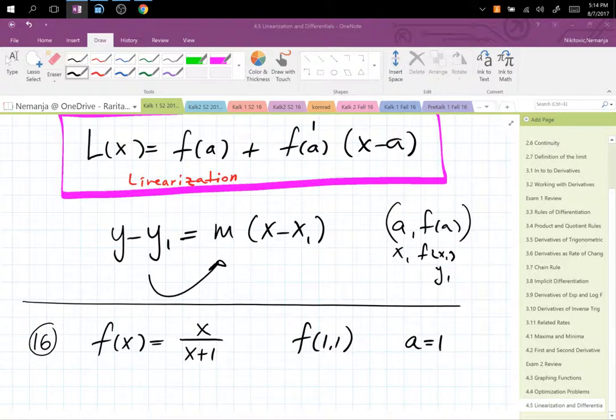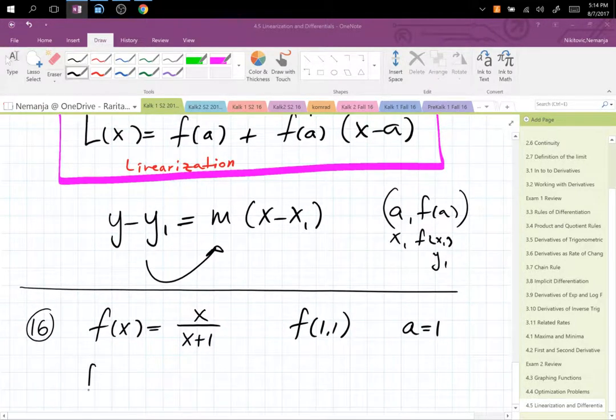Let's take a look. So when you look at the features, f of a is going to be just the function computed at 1. F prime of a is the derivative computed at 1. X is going to be 1.1 and a is 1. So we plug everything.